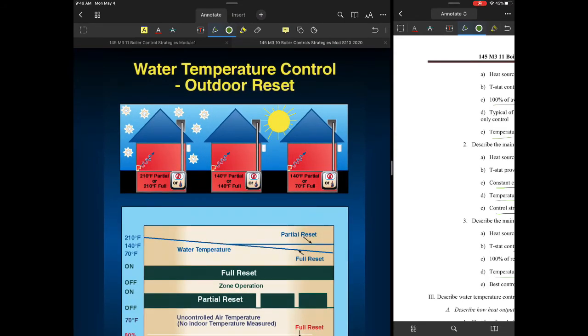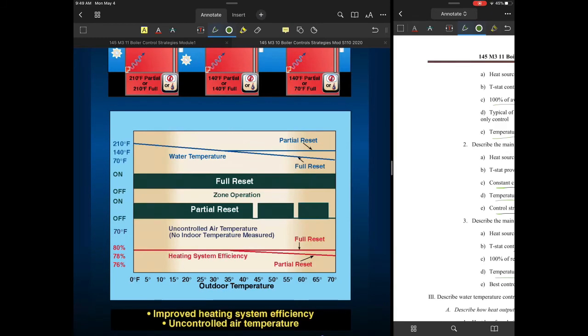Looking at a couple of other things here on the water temp control. From an efficiency standpoint, it certainly benefits the system. I would encourage everybody, if you're ever putting in a condensing type boiler, this is an absolute necessity.